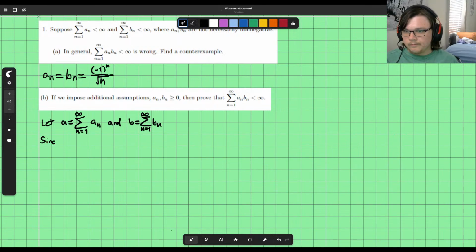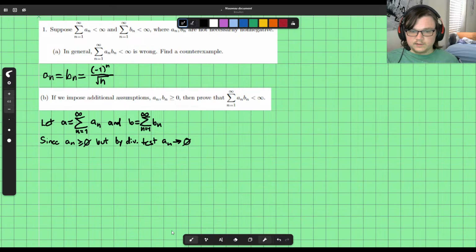Since a sub n is greater than or equal to 0, but by divergence test, actually we don't even need this part.